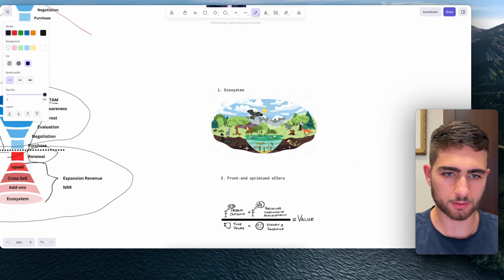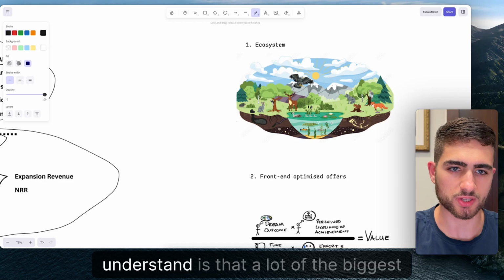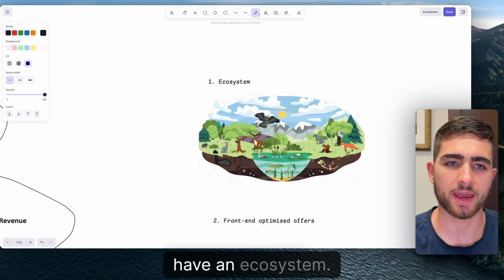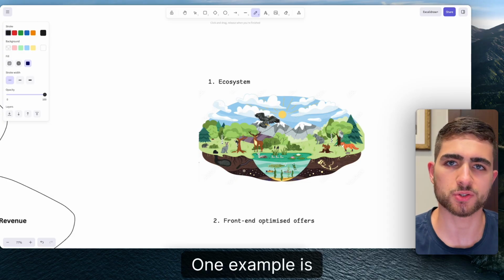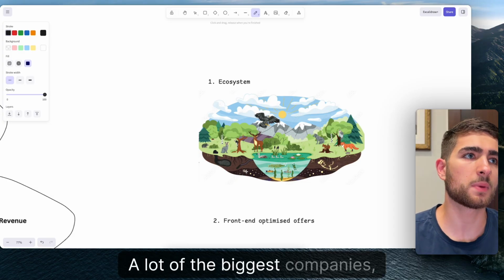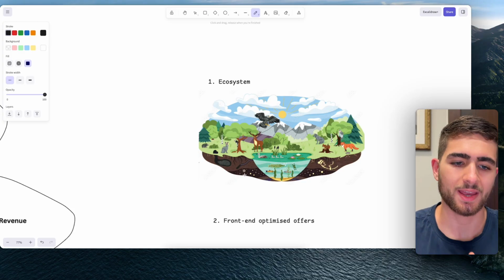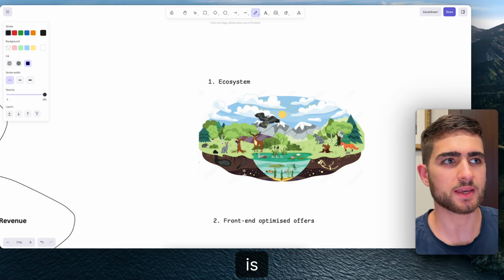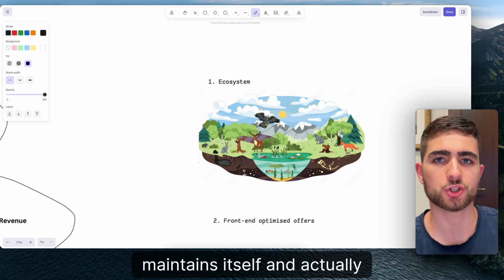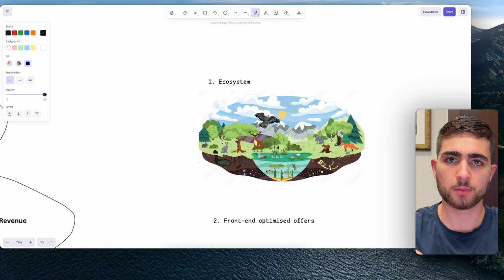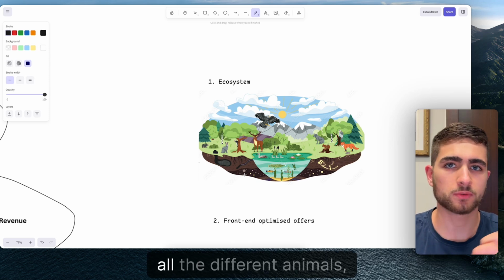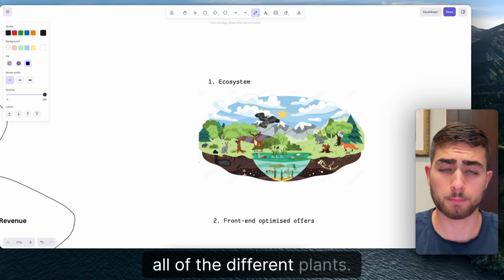So the first couple of things that you need to understand is that a lot of the biggest companies on the market have an ecosystem. One example is HubSpot, another example is Salesforce. A lot of the biggest companies, they have an entire ecosystem. And what an ecosystem is, is a system that maintains itself and actually grows because of all of the different parts within that system, all of the different animals, all of the different plants.